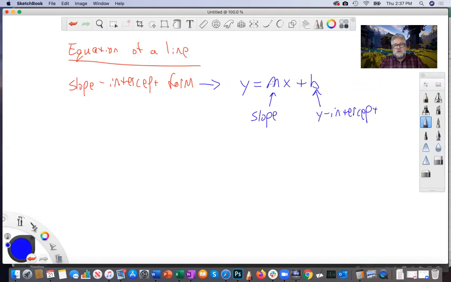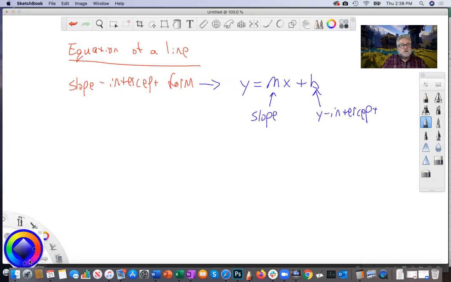So your y-intercept and your slope. And the game for finding the equation of the line in slope-intercept form is finding the slope, then plugging something into x and y and finding the y-intercept. This is how we do it all the time.